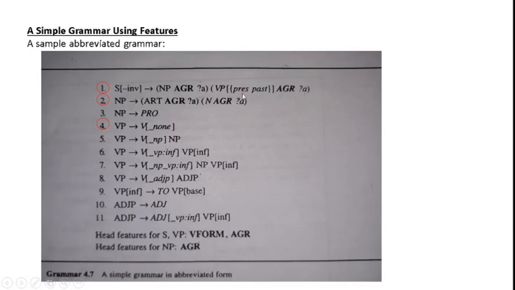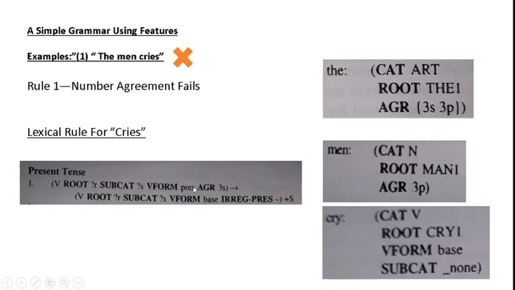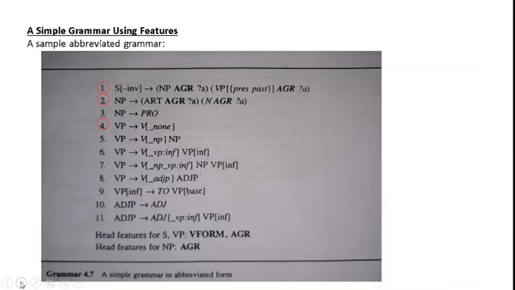And NP shares third person plural with the verb phrase also. Okay, but what is the verb phrase? The verb phrase is composed of a verb according to rule 4, and our verb is cries, but cries has present tense as its VForm and AGR as 3s. Here we have 3s for AGR, because in the case of the verb phrase, AGR is also one feature. But already as part of the noun phrase, we got 3p. So we have a conflict here.